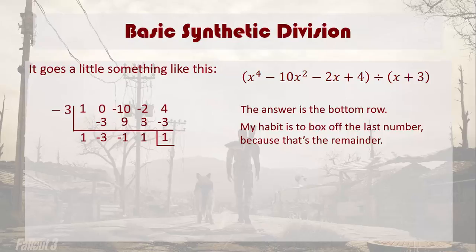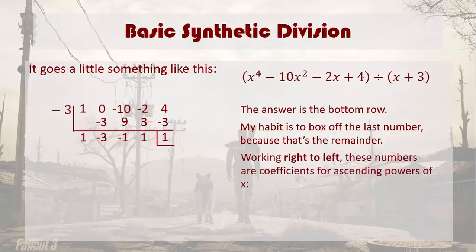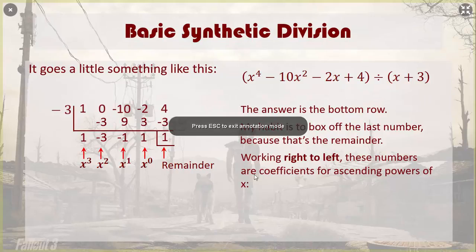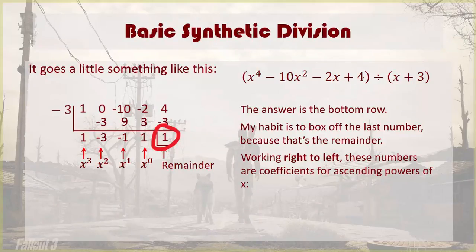And then starting from that and moving leftward, everything is an increasing power of x. The first one is the remainder. Second one will be x to the 0, then x to the 1, x squared, and x to the third, and so on. So just remember that that last box is a remainder. That's why I use that extra little box there.